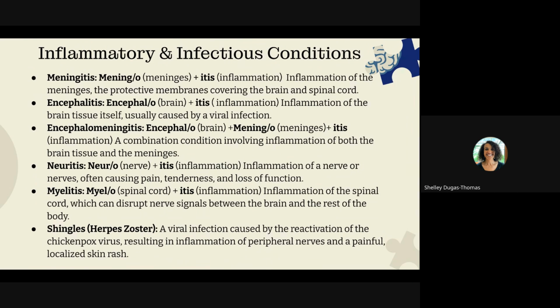Then you have the combination of both of these, where there is inflammation in both the meninges and the brain tissue. And then you have neuritis, which is an inflammation of the nerve, and myelitis, which is an inflammation of the spinal cord, and finally shingles, which is caused by herpes zoster tracking along the peripheral nerve path.